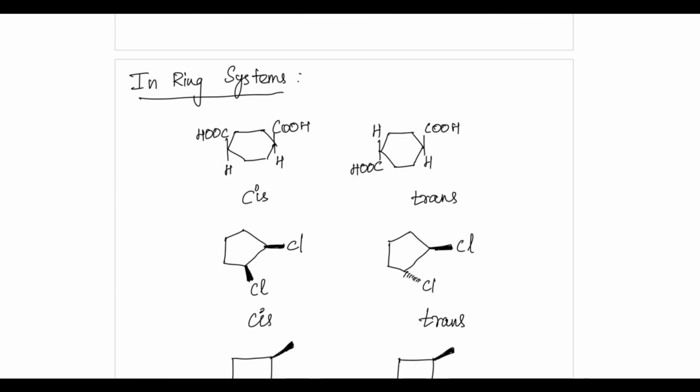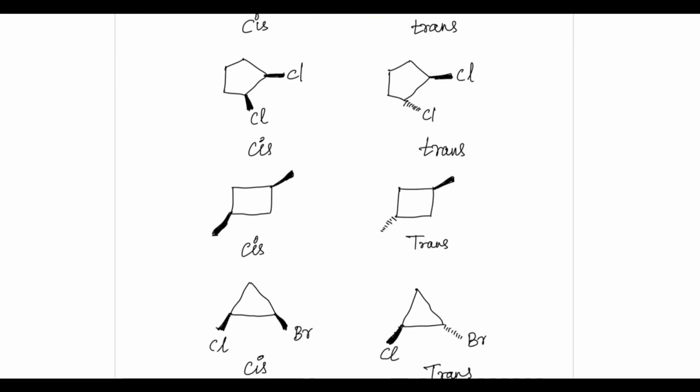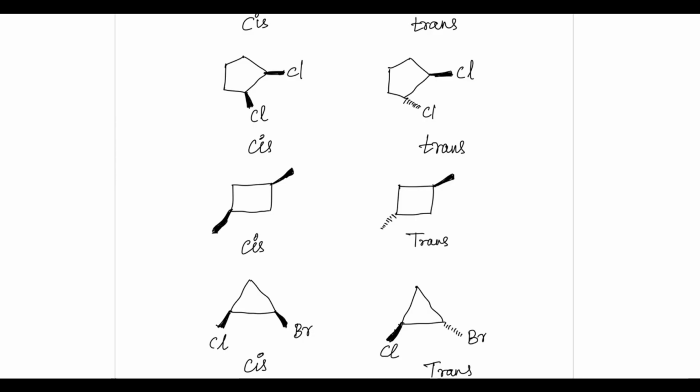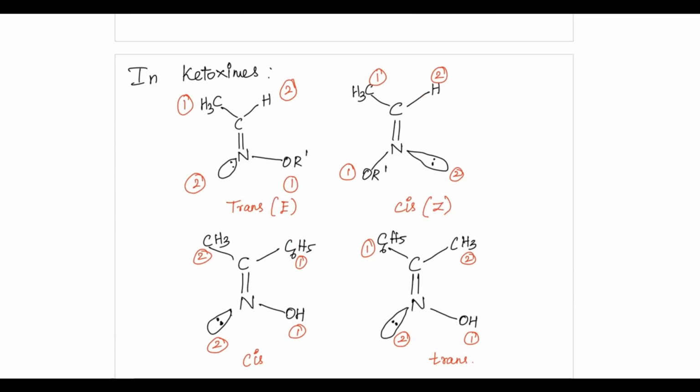In ring system, as you can see, C over H group, which is in the same side, and here that is in opposite side. Like you can see, which is in 3D structure, they have written it like same side, which is above the plane, and this is below the plane and this is above the plane. That makes it trans. Okay.